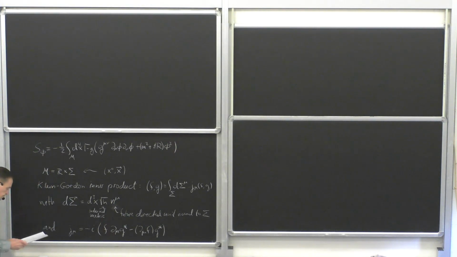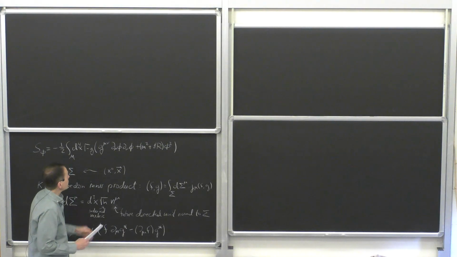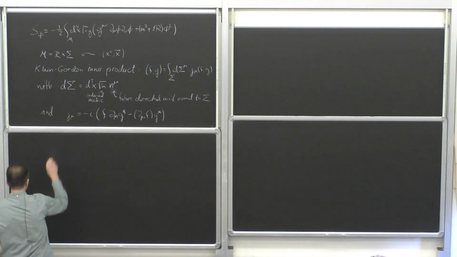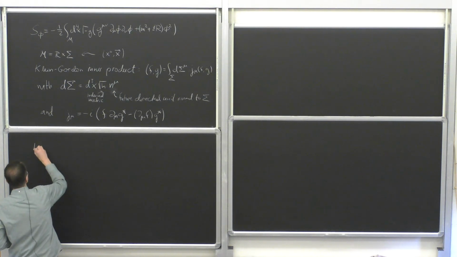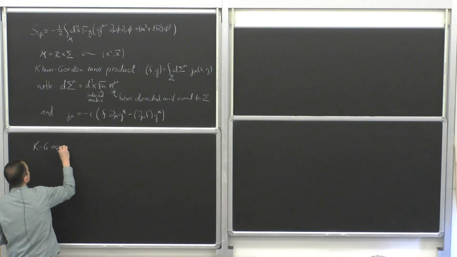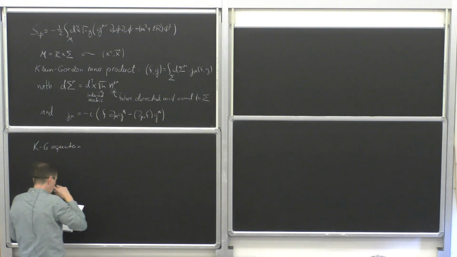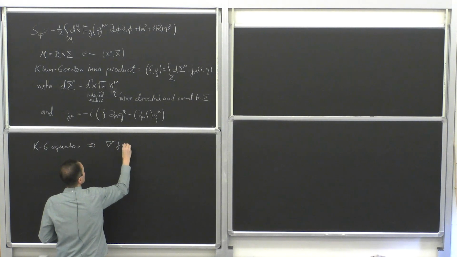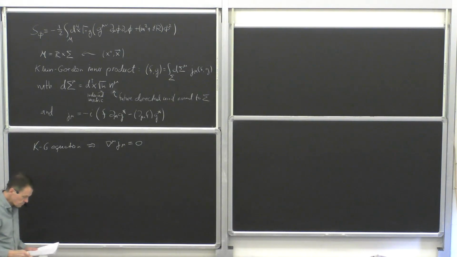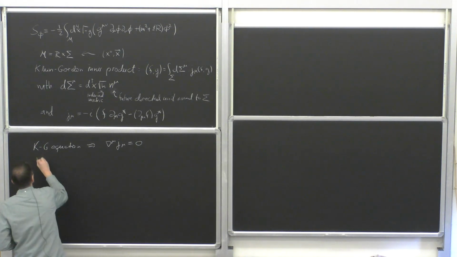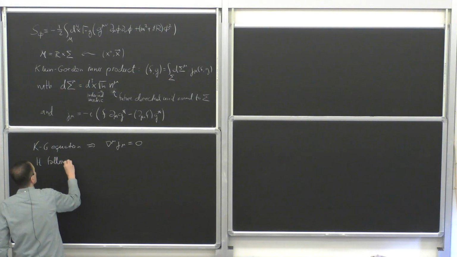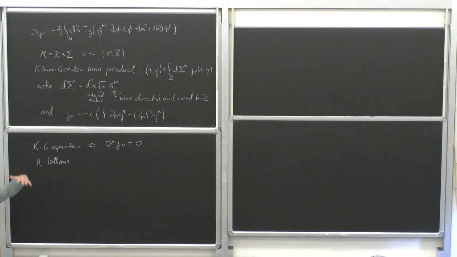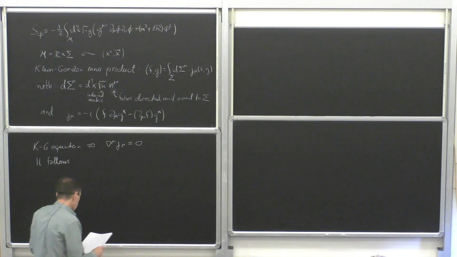And the reason this is called a Klein-Gordon norm is because if you use the Klein-Gordon equation, you will see that it implies that this current is conserved. That's easily checked. And it follows immediately from that that this inner product is conserved as I evolve along my Cauchy surfaces.